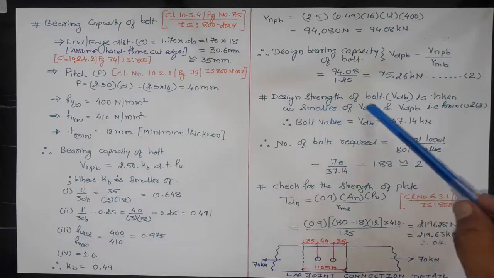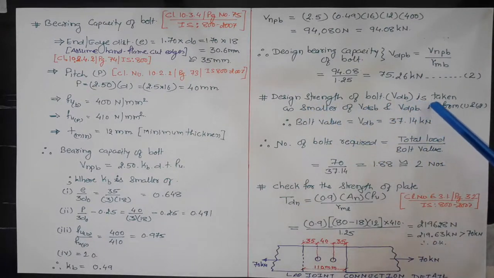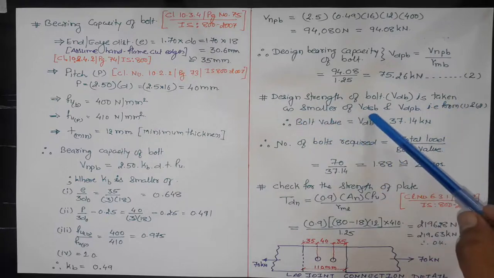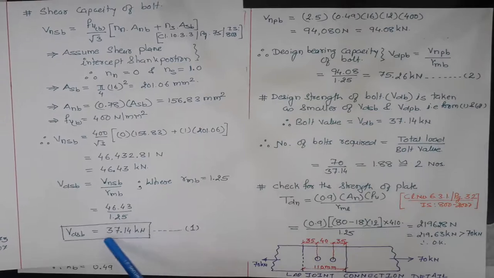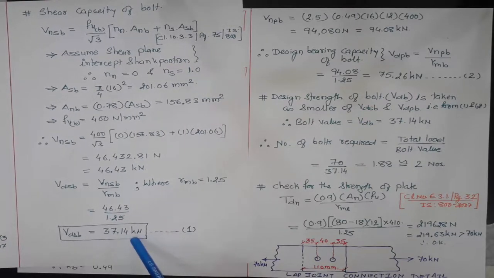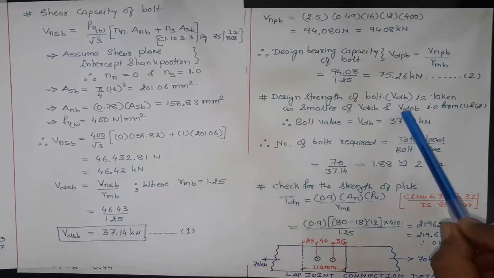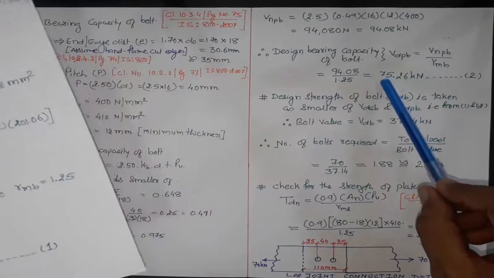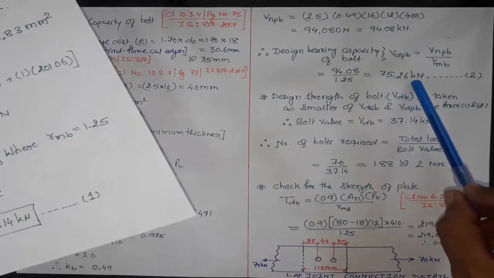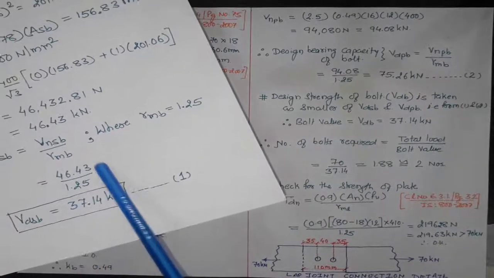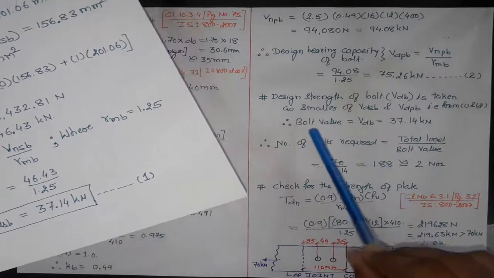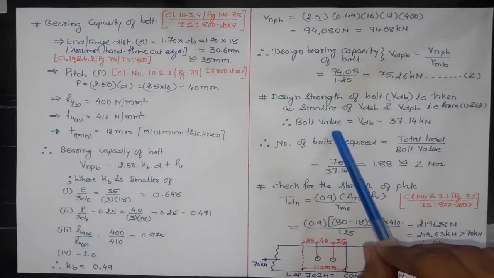Design strength of bolt is taken as the smaller of Vdsb, that is the design shear capacity of bolt, which is 37.14 kilonewton, and Vdpb, that is 75.26 kilonewton. Out of these two values, the smallest, 37.14 kilonewton, is your bolt value.